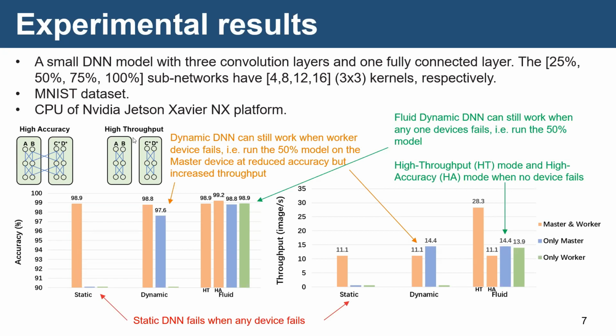Basically, we cut any communication between 2 devices and let them run as 2 independent inference devices. In this case, we boosted the throughput a lot. So basically, the dynamic DNN model brings additional trade-off opportunities compared to the static model, and the fluid dynamic DNN model brings even more trade-off opportunities into the space.